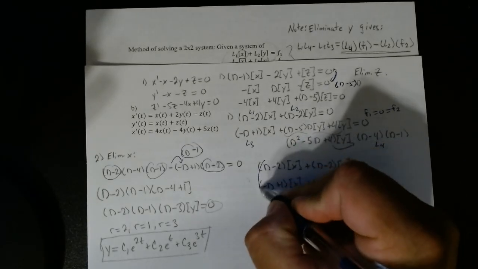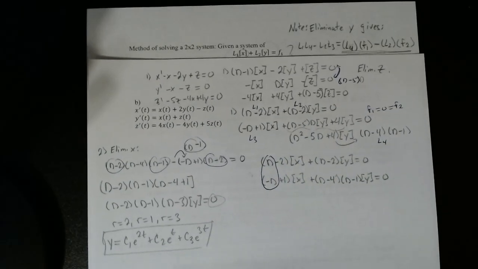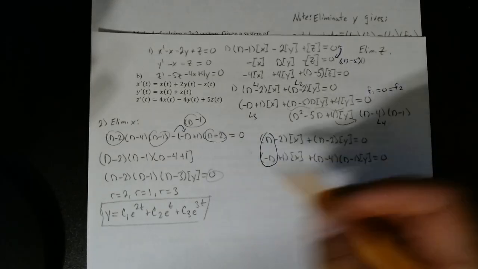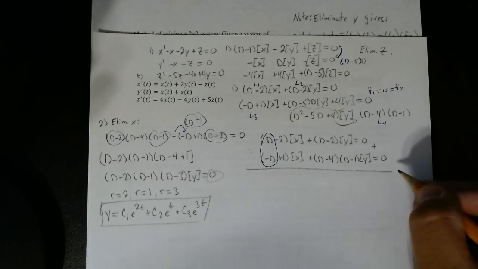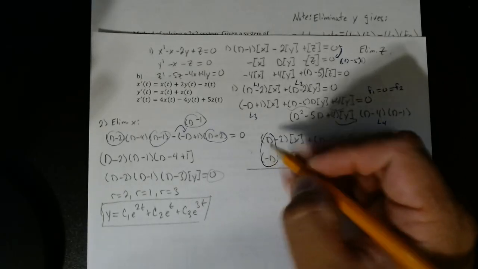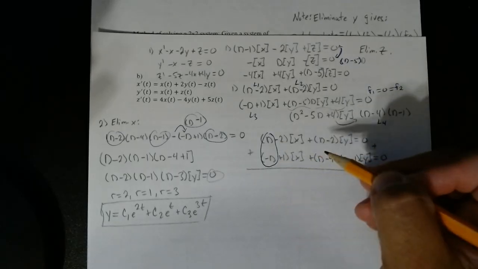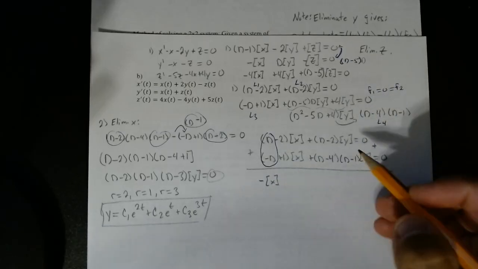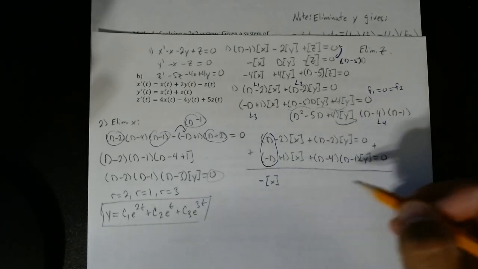And if you notice, these will cancel already if I just add straight down. So that's exactly what we're going to do. Why don't we just add straight down itself? So when that happens, these will cancel. Negative 2 plus 1 gives me negative, so I get negative x. And on the other side, everything just gets added together, so I'll just rewrite that.